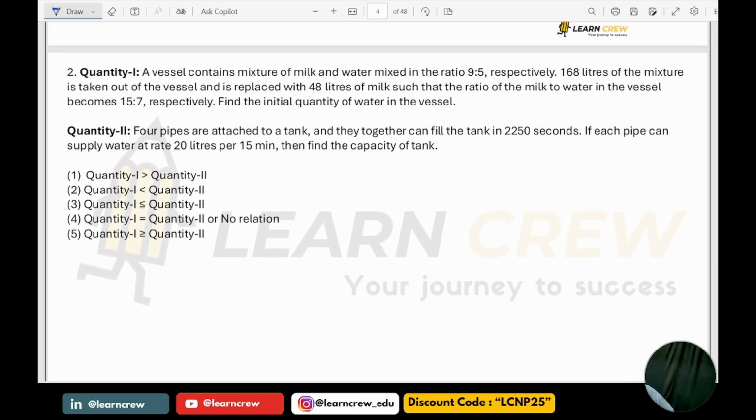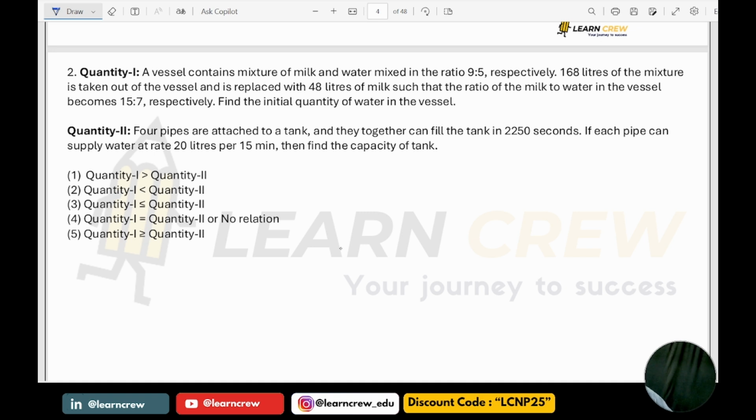Please see, a vessel contains a mixture of milk and water in the ratio 9:5 respectively. 168 liters of the mixture is taken out and is replaced with 48 liters of milk, such that the ratio of milk to water in the vessel becomes 15:7.